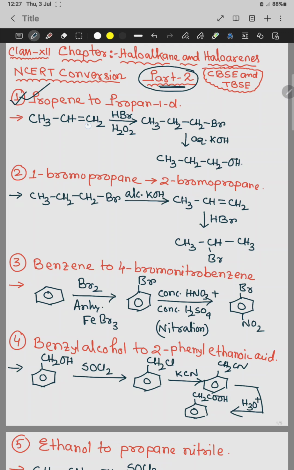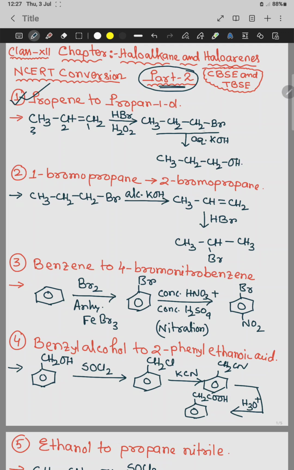So this is our propene, carbons 1, 2, 3. If we react propene with HBr in presence of peroxide, then we will get this product, CH3CH2CH2Br, which is called 1-bromopropane.